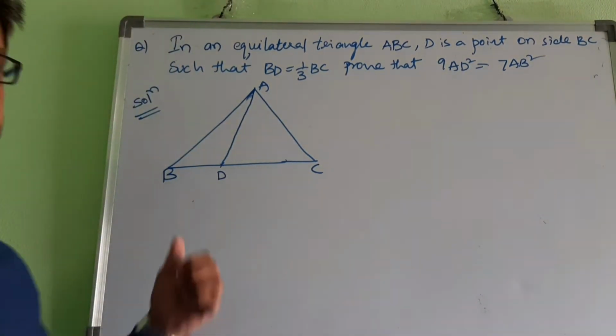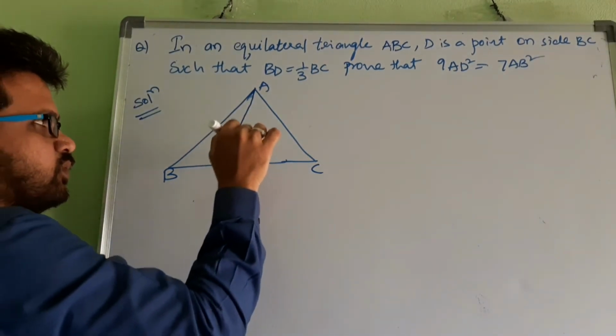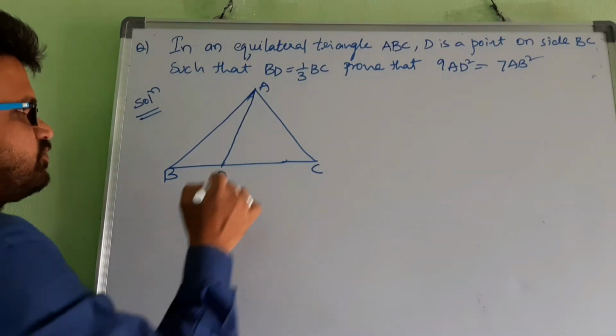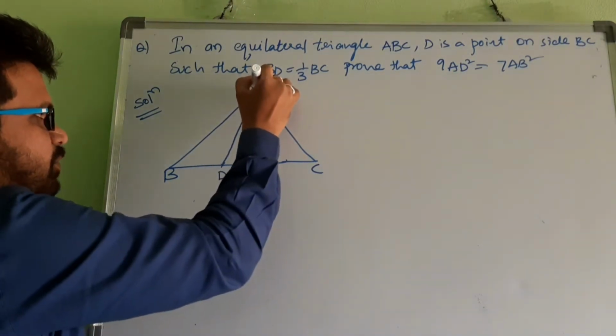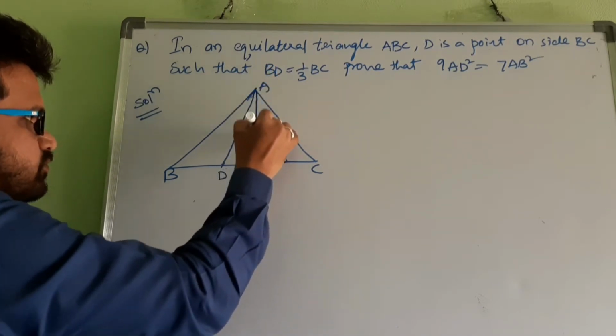If you want to apply Pythagoras theorem, here we have to draw the right angle, because in an equilateral triangle there is no right angle. So we have to draw one perpendicular. I am drawing the perpendicular from A to the opposite side BC.